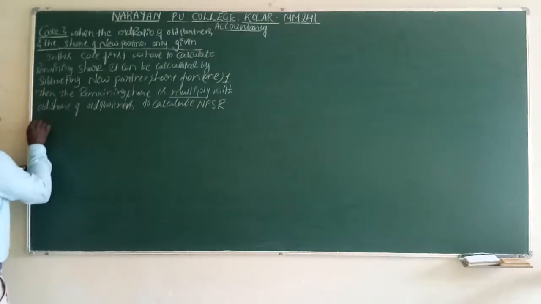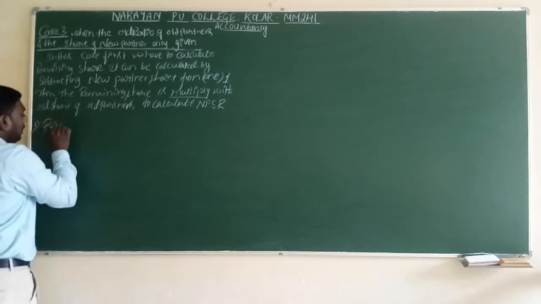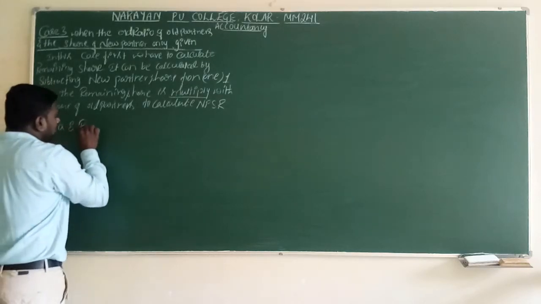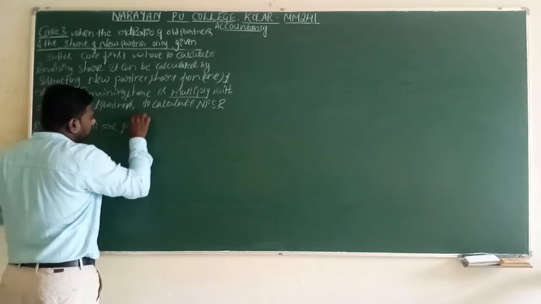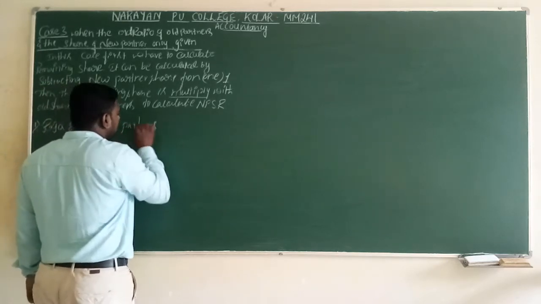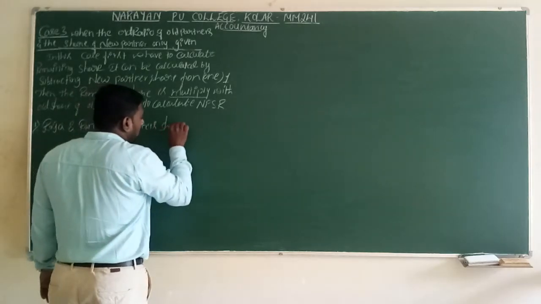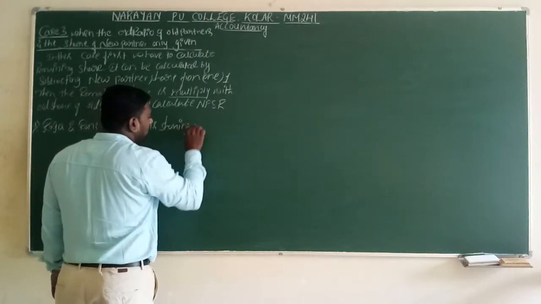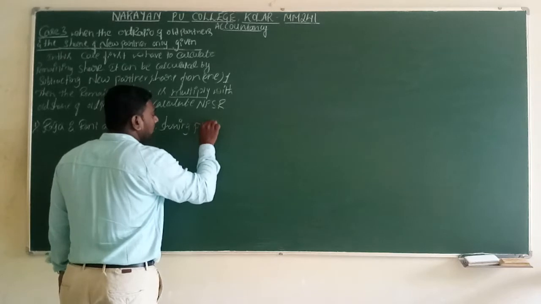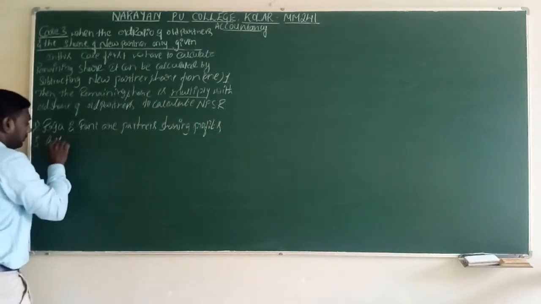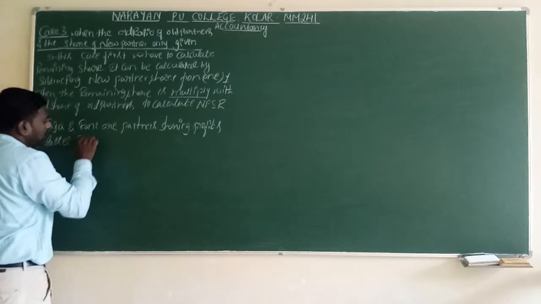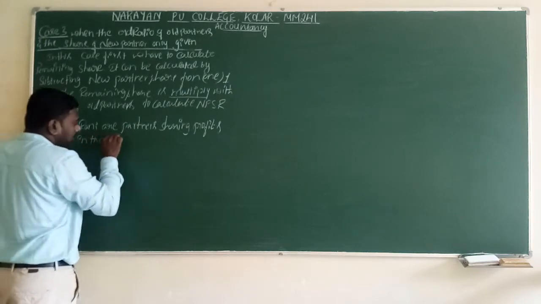Question number 1. Raja and Rani are partners sharing profits and losses in the ratio of 3:2.